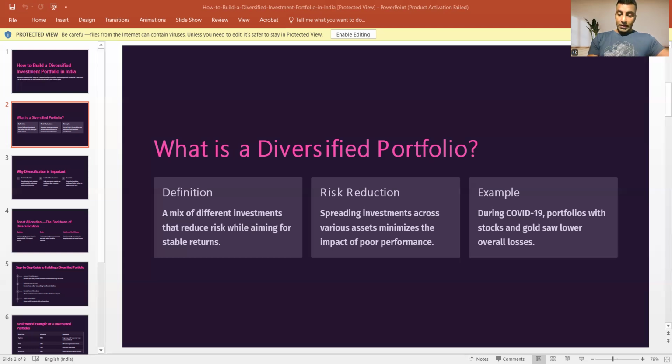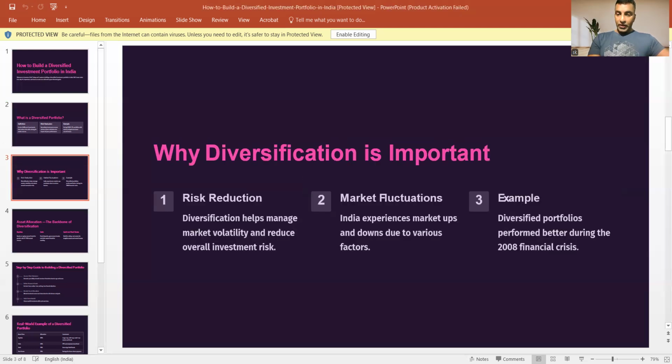So let's look at why diversification is important, something which we have already covered. See guys, especially when it comes to the Indian context, or not only the Indian context, in any context, why is diversification important? The answer lies in reducing risk and managing market volatility.